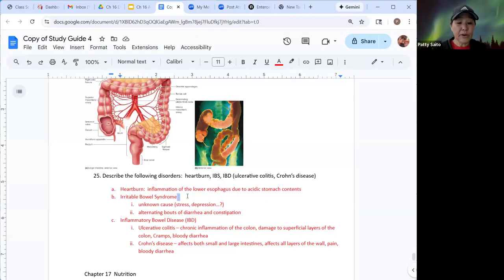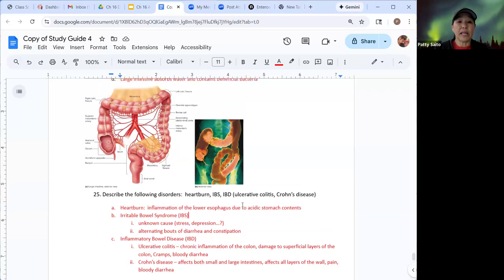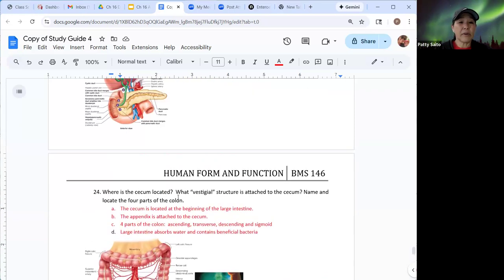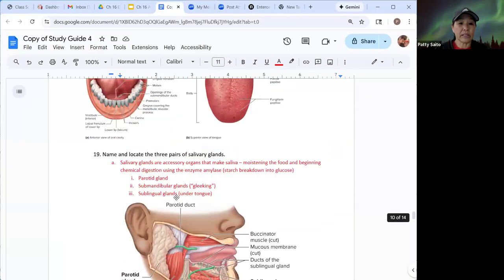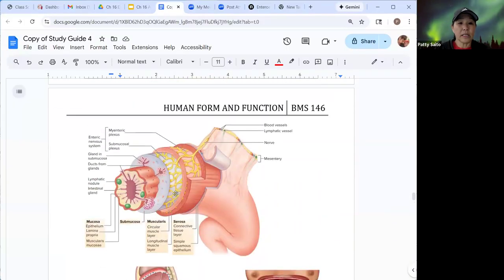IBS, irritable bowel syndrome. Okay, so IBS, it's not really known what causes it. You get diarrhea, you get constipation. The bowel, which is considered like the intestines, large intestines, get irritated, and it could be a nervous system thing because if we go back to our picture of our layers, there's a whole system of nerves.